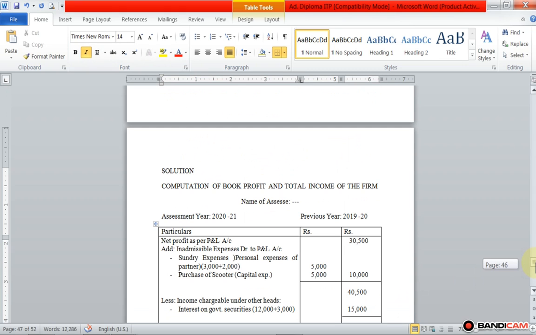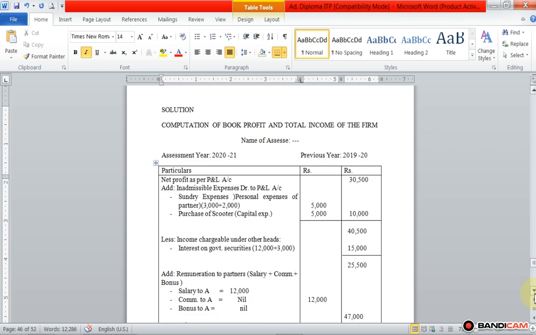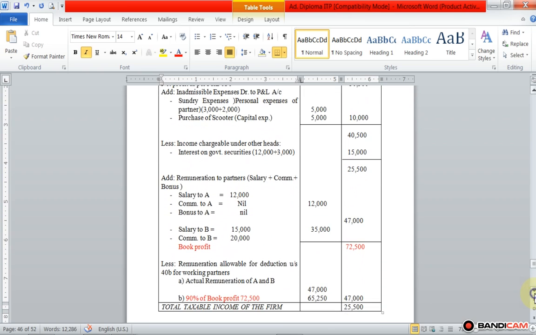First of all, add disallowed expenses. Okay, then less other income, then add remuneration, and then less the allowable remuneration of working partners. So we find out both incomes of the firm, that is we find out a book profit. Okay, that is net profit.